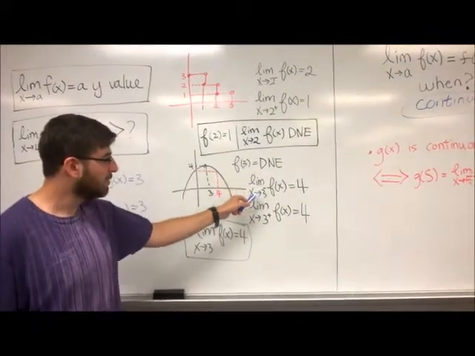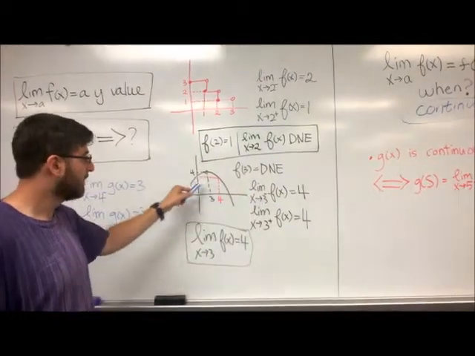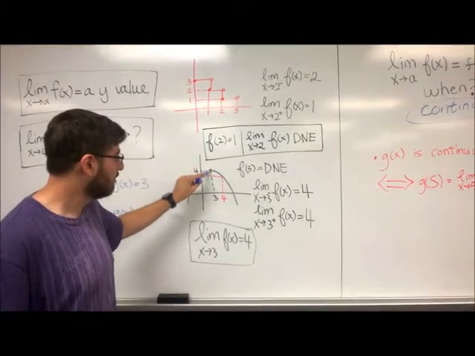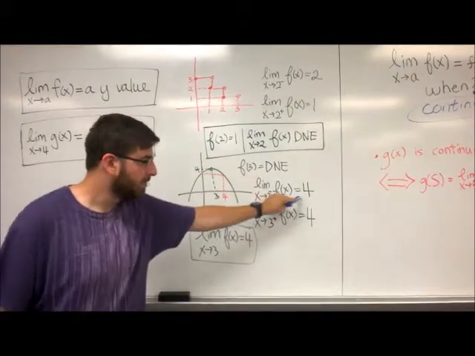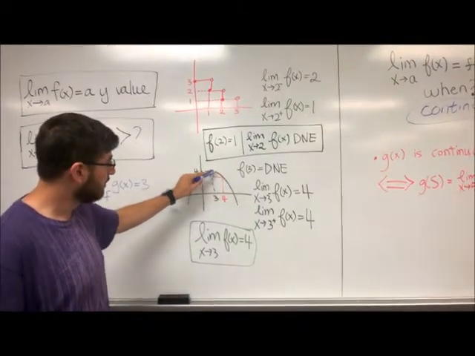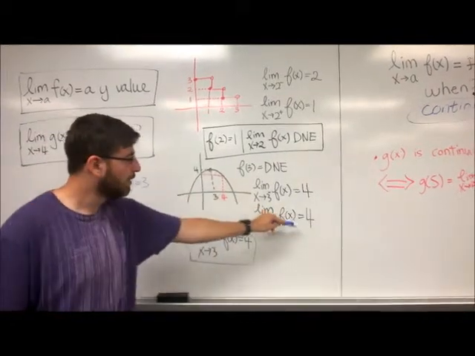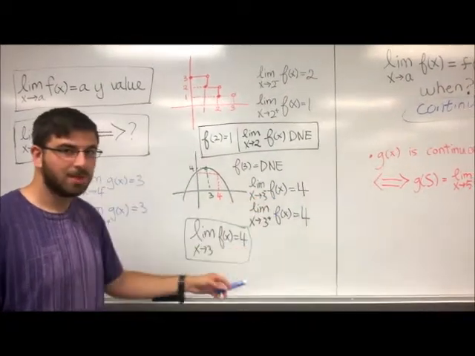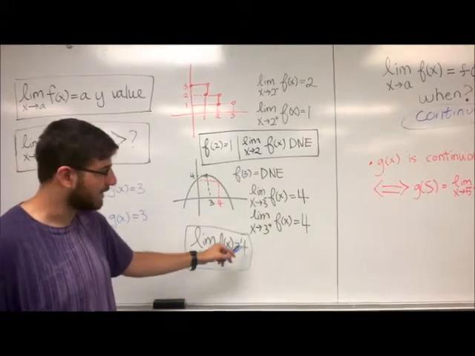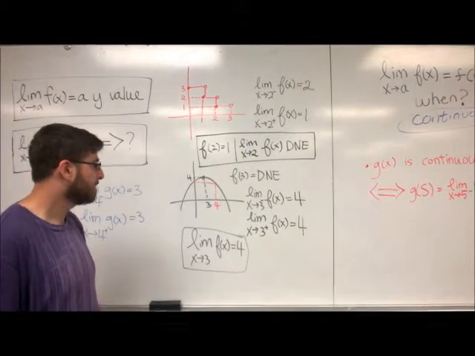When x approaches 3, the limit from the left-hand side, which would be from here, is 4. And from the right-hand side, it also approaches 4. Since both of them are 4, we can conclude that the limit as x approaches 3 does exist, because it approaches 4 from both sides, the left and the right.